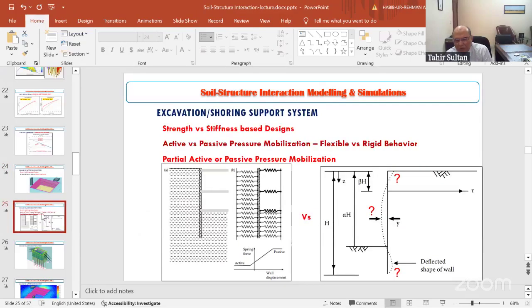Thank you, Doctor. Now, the next question is from Rizwan Mirza again, and he's asking, in the pile mat foundation, when the mat, pile, and soil are modeled together with their own stiffness duly reflected, how would compatibility be violated?